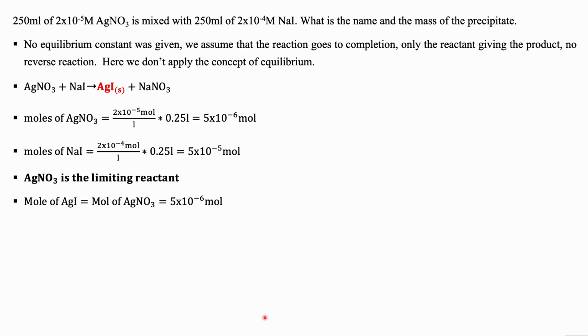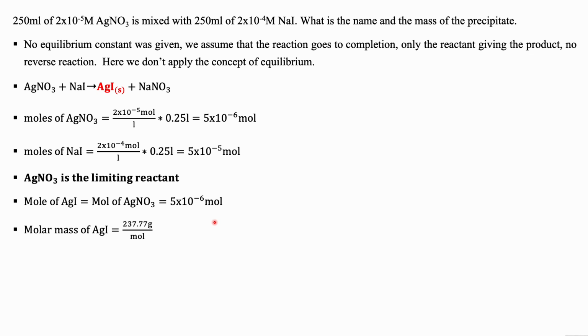So then you have the moles of silver iodide, which is equal to the moles of silver nitrate, and is equal to 5 times 10 power negative 6. So once we have the moles of solid which is going to be formed, then we can calculate the mass. So we have the molar mass of silver iodide, which is equal to 237.77 milligrams per mole.